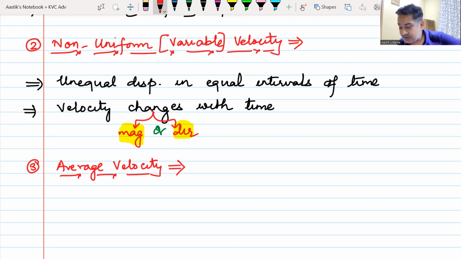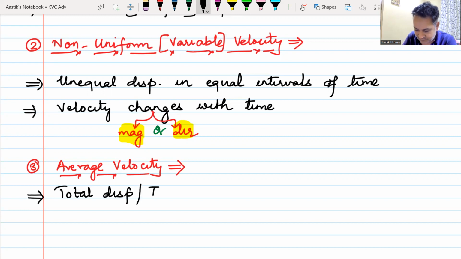What is average velocity? If you understand the first term that we did, you can tell me what is average velocity. Yes, what is average velocity? The total displacement by the total time taken. It is definitely total displacement divided by total time.